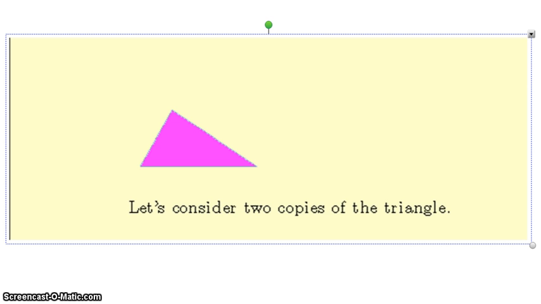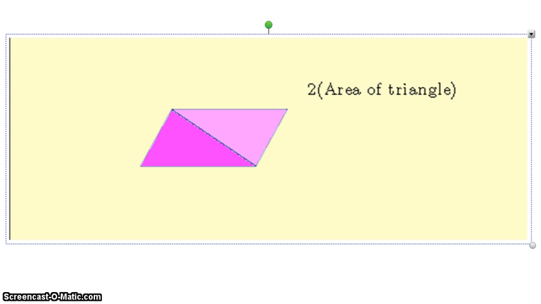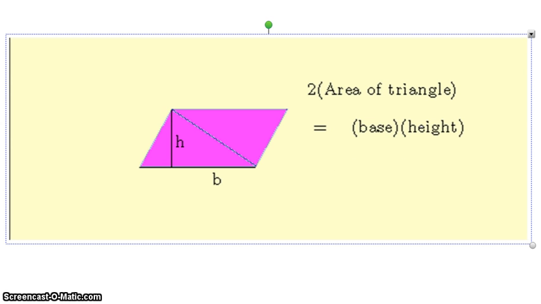So we start with the triangle, and now consider two copies of the triangle. So we're going to rotate that triangle and then translate it up until we create a parallelogram. Now that figure right there has double the area of our triangle, and it's also the area of a parallelogram now. Now we know from before the area of a parallelogram is base times height.